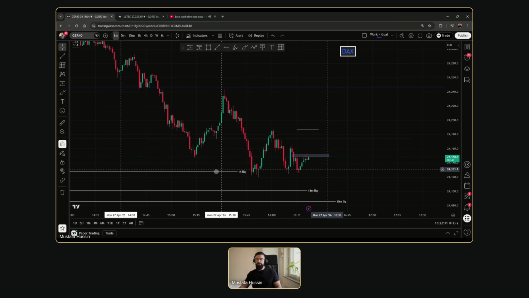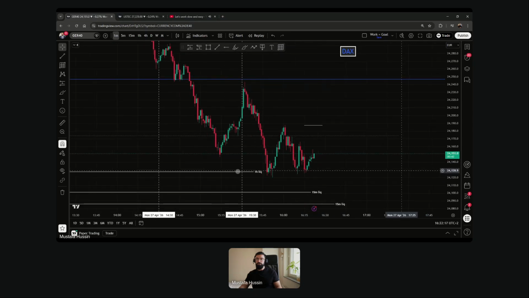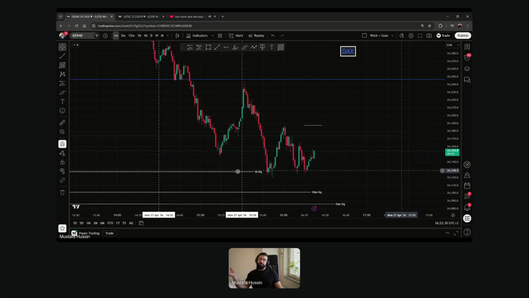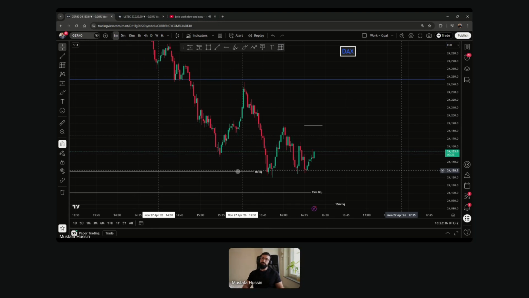And this is a fair value gap right here that it respected to the downside. I heard Tim Ferriss talking about this, the red team, blue team. When he creates a project, he has a team that is trying to destroy the project to see where the errors are, if they create a product or something, right?